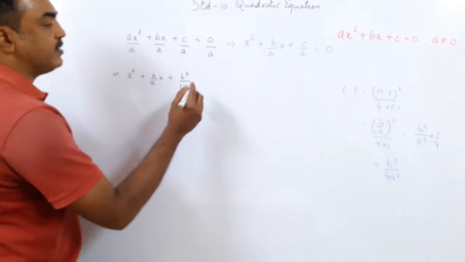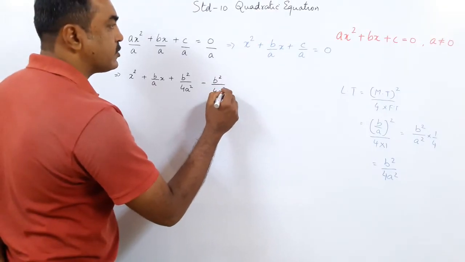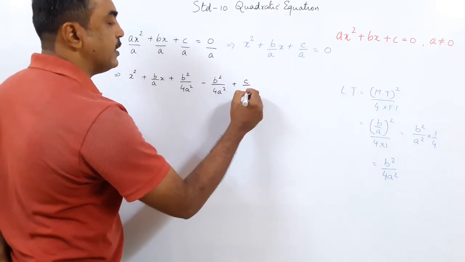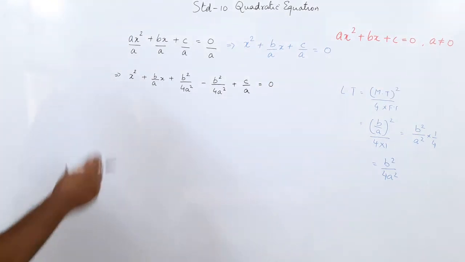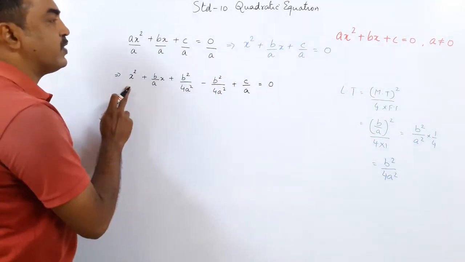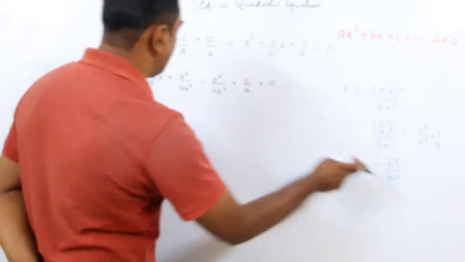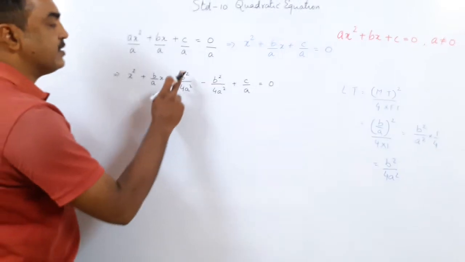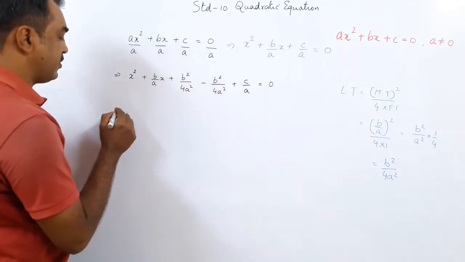But since I added this, I will also subtract it, so minus b square upon 4a square plus c upon a equal to 0. So what I have done: the first term I kept as it is, the middle term I kept, and I used the formula to find the last term for the perfect square. Since I added this, I also subtracted it, and c by a remains as it is.